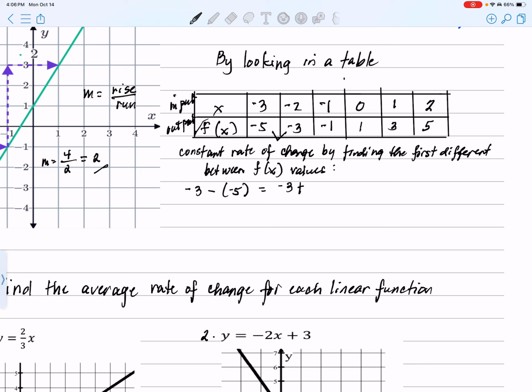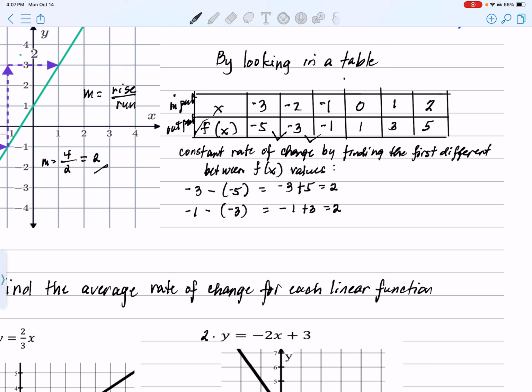That would be -3 plus 5. The answer is 2. If I get the difference with this interval, that would be -1 minus -3. So that would be -1 plus 3. You come up with 2.